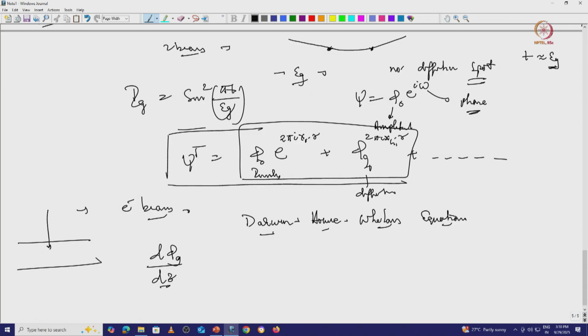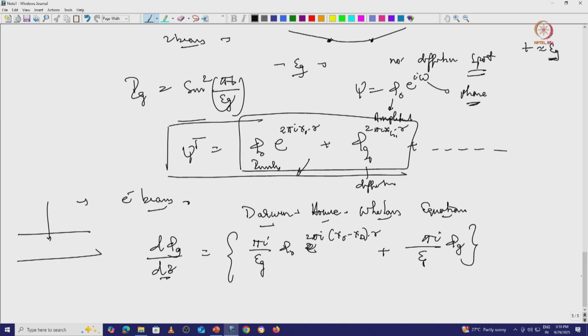If you differentiate this particular equation, you will have the value of phi 0 by psi g, phi 0, 2 pi i e raised to power 2 pi i (x naught minus x d) dot r plus phi g by psi g.